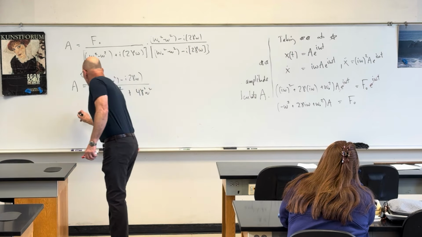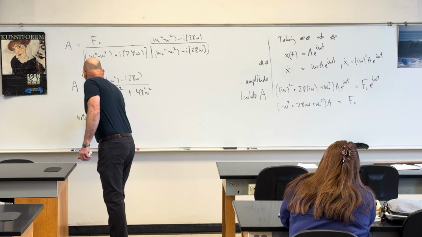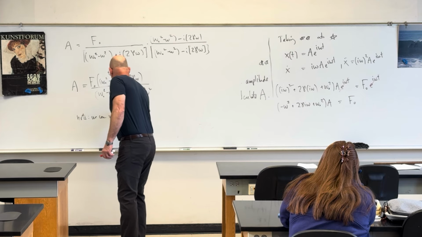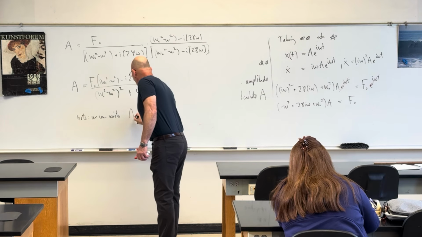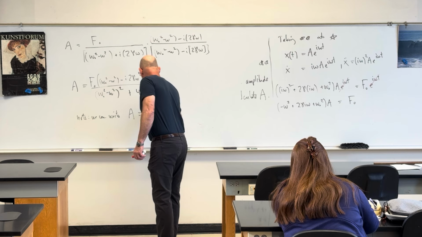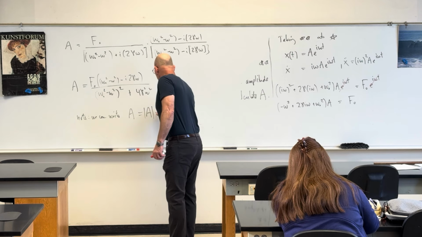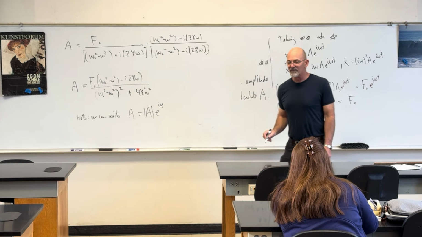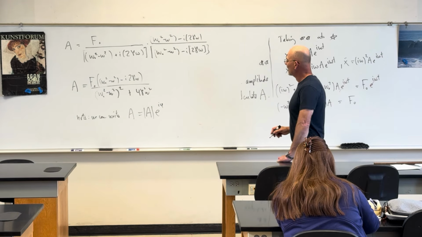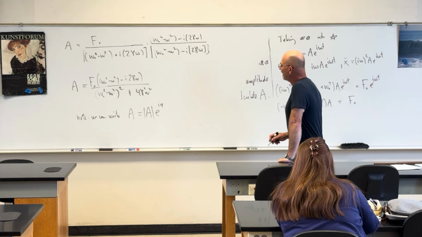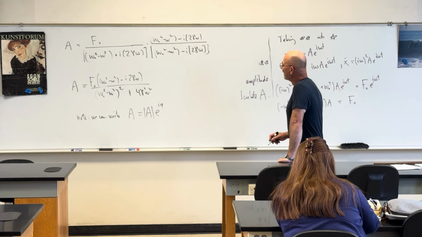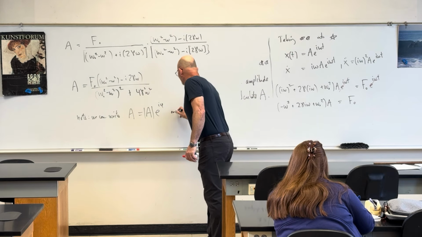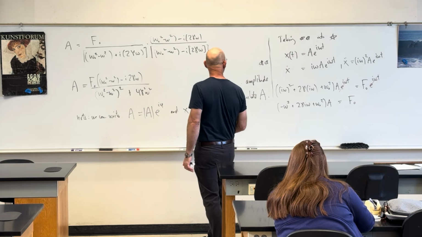Since it's a complex number, we can write, and we will write next time around, A is equal to the magnitude of A times e to the i delta for some phase. The x that we've been looking for, is it still up there? Yeah.